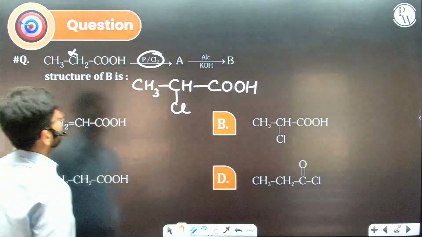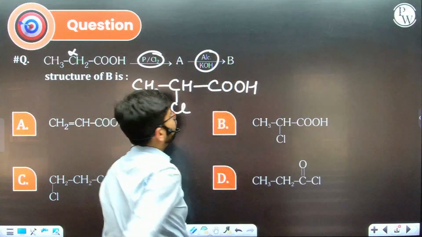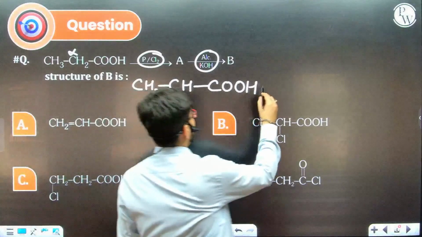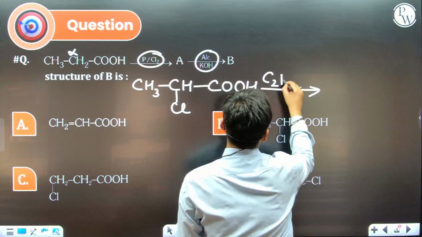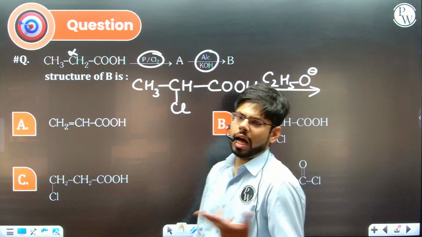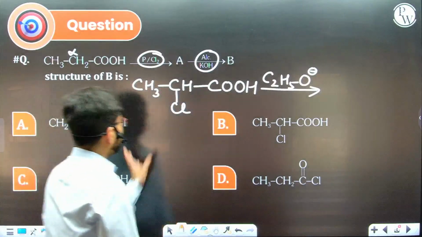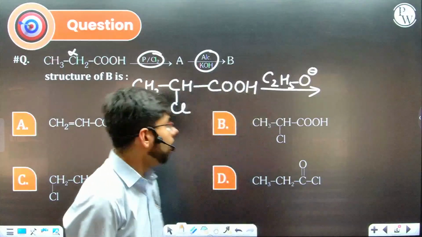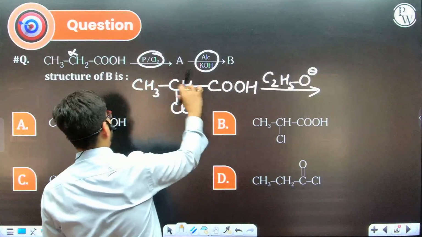Now from A, we have to get B. This is alcoholic KOH. If I treat A with alcoholic KOH, I'll get B. Basically, alcoholic KOH is C2H5O minus. We all know that if alcoholic KOH or alcoholic NaOH or NaNH2 is added to a compound which has a halogen atom connected to a 2 degree or a 3 degree carbon, then elimination takes place, E2 takes place, and so I'll get a double bond between these two carbon atoms.